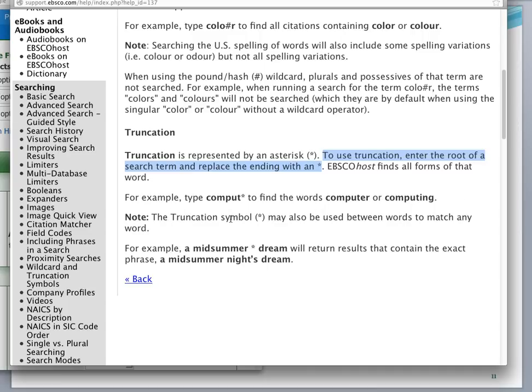The truncation symbol may also be used between words to match any word. For example, we're looking for this title and we don't know what the word in the middle is, so we just remember a midsummer, and we use the asterisk and we put dream, and we will retrieve A Midsummer Night's Dream.